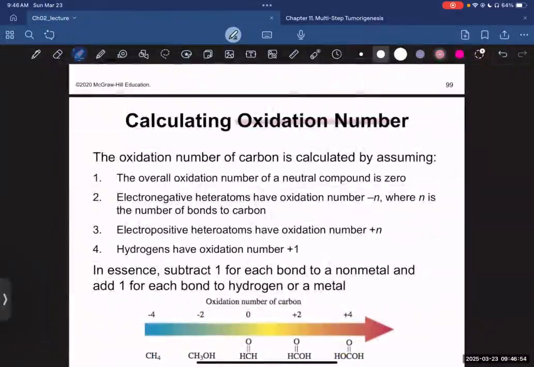And so how we find out the oxidation number, let's try to do an example, which is going to make it a lot easier for you to understand. So we're trying to find out the oxidation number of carbon. And we are going to be seeing carbon in the majority of this course, so it's going to be helpful to know how to do so. The first thing you're going to do is assume that the overall oxidation number of a neutral compound is going to be 0.